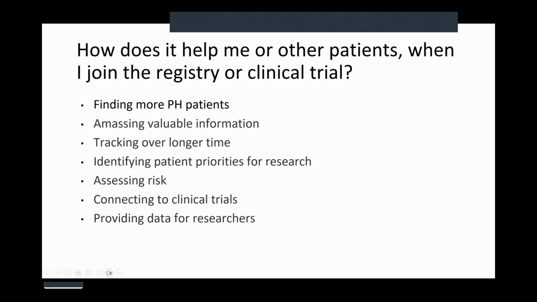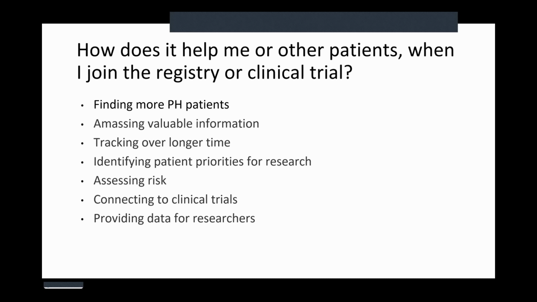So how does it help me or other patients when I join the registry or a clinical trial? Well, I think we've already seen one of the benefits is that things move faster in getting a clinical trial to completion, because you're able to find more PH patients, not just the ones at one center. They may come from many centers or even outside of centers.